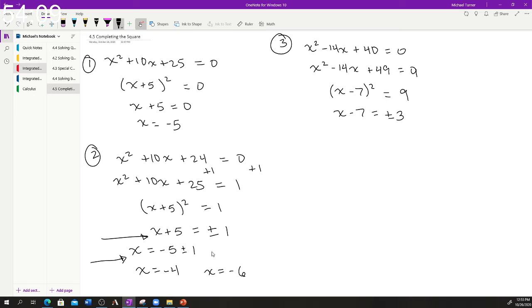If down here on the bottom left for number 2, if that writing confuses you, like I said, you could split it here into 2 equations. x minus 7 equals a positive 3. x minus 7 equals a negative 3. And then this is just a one-step equation on each side. Add 7. x equals 10. Add 7. x equals 4.